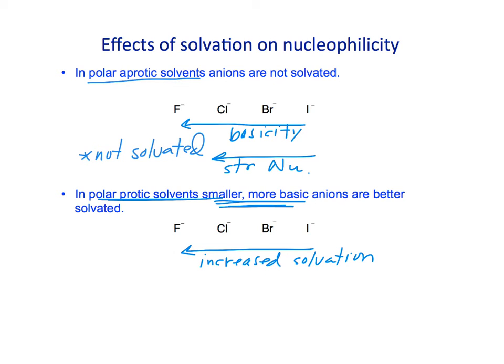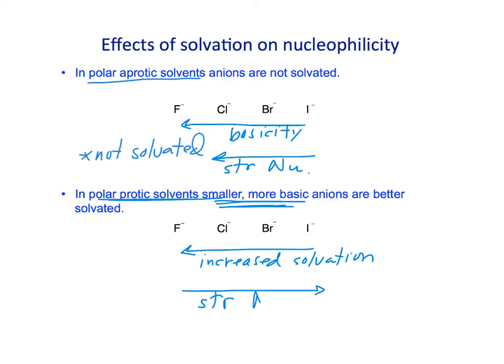When we have an anion that's solvated, in order for it to react as a nucleophile, all of those solvent molecules need to be pushed out of the way so the nucleophile can get to the electrophile. So the more solvation, the more it slows down the reaction, and so the order of nucleophilicity reverses.